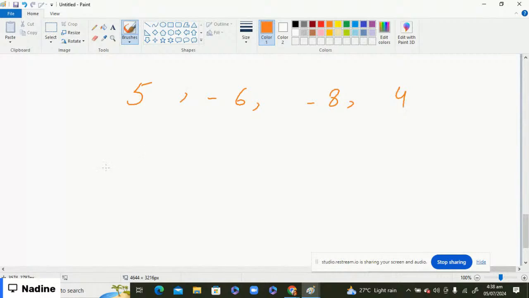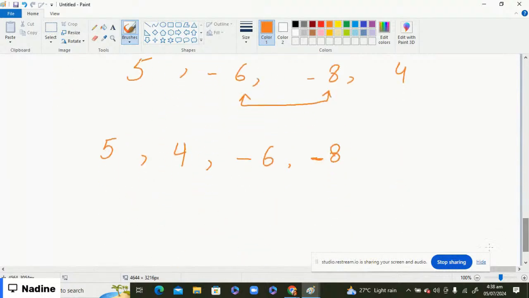First of all you write 5, then you write 4. You don't put 8 and 6 next, because there are negative signs. Of these two, we first put minus 6, then minus 8 at the end, the bigger one, because with the negative sign it is less. Okay. Now let's do some other questions.